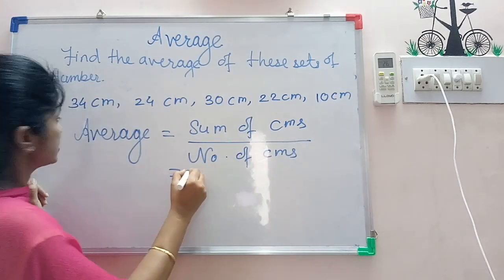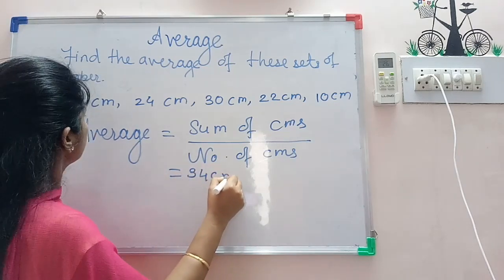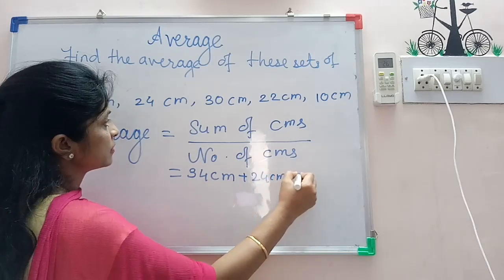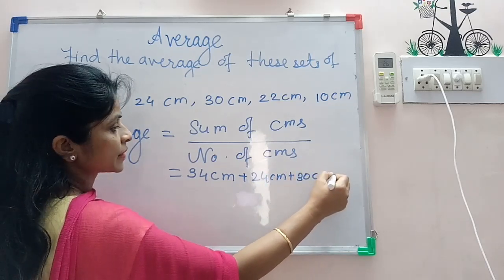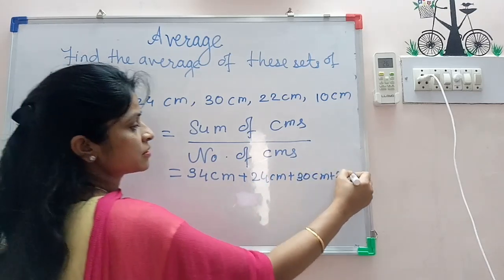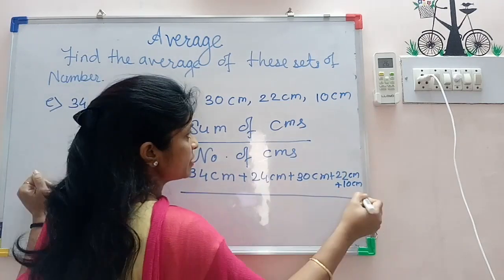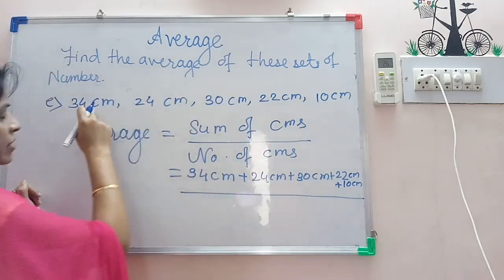Now write all the centimeters and add it. 34, then 24 centimeter, 30 centimeter, 22 centimeter plus 10 centimeter divided by 1, 2, 3, 4, 5.